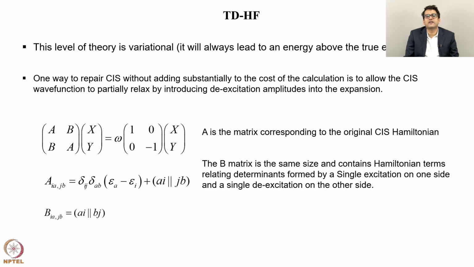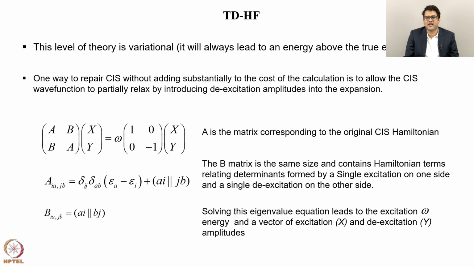So, this B matrix brings in the effect of the de-excitation process. So, it brings the orbital relaxation a little bit more. Generally, the effect on the excitation energies is very minimal, but because it relaxes the orbital, the wave function becomes significantly improved. So, excitation properties, transition properties, excitation energy, dipole moments, sometimes polarizabilities improve quite a bit.